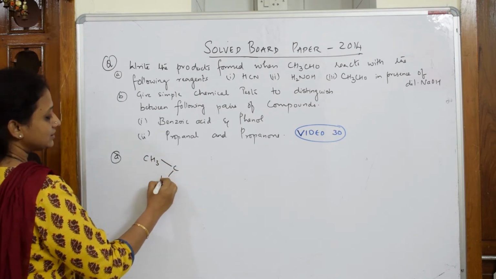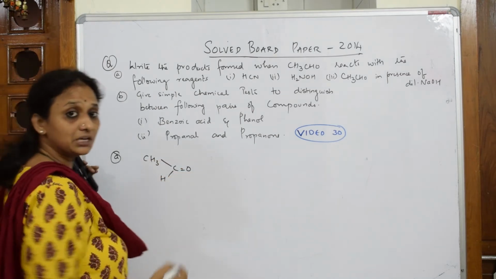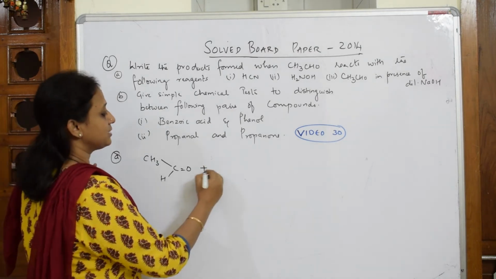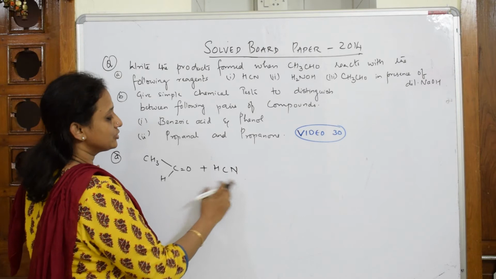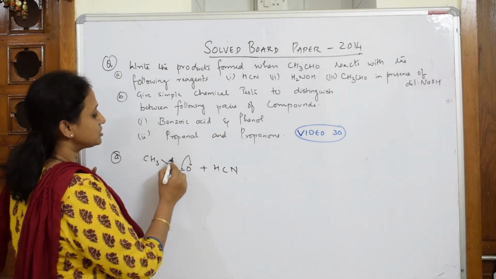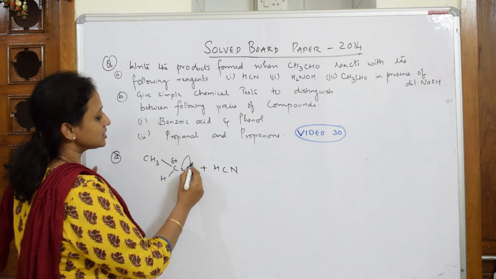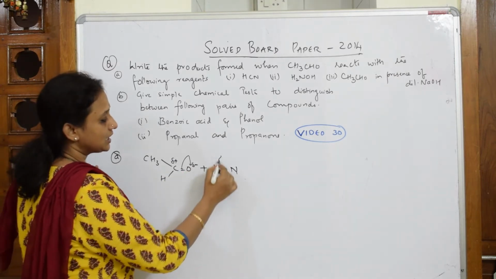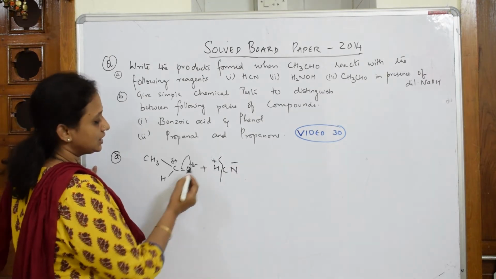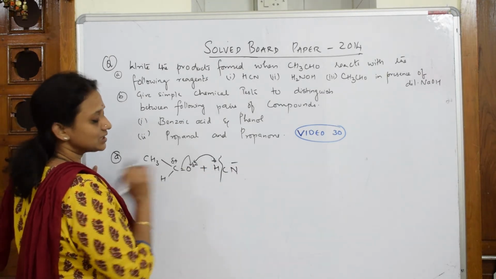So take that acetaldehyde first. We have already done these reactions in the nucleophilic addition reactions of aldehydes. It is the same here. This is hydrogen cyanide. First important thing, there's a shift of the bond here. When there's a bond shift, this attains partial positive charge and this gets partial negative charge. Again, there's a cleavage of the bond here. The positive end goes and attacks oxygen.